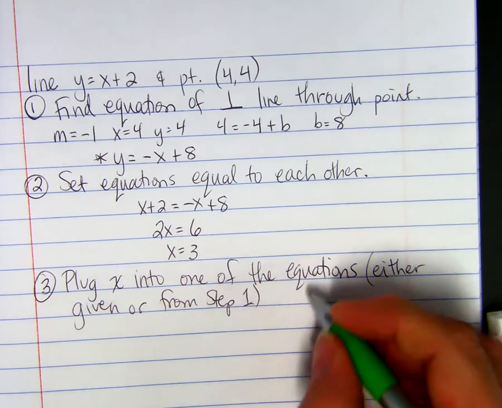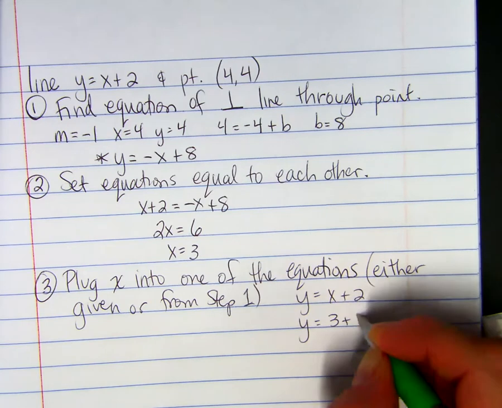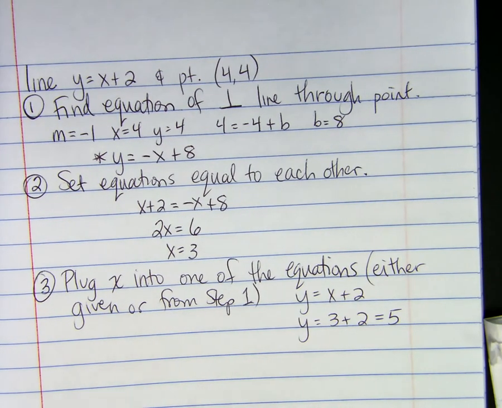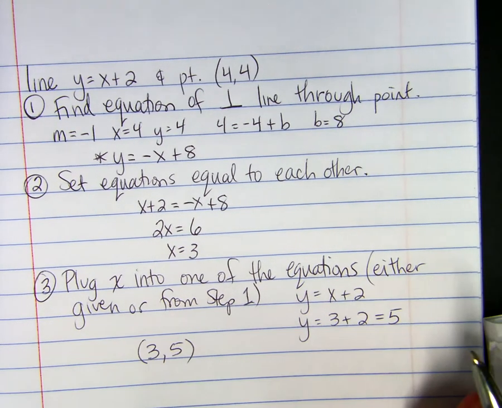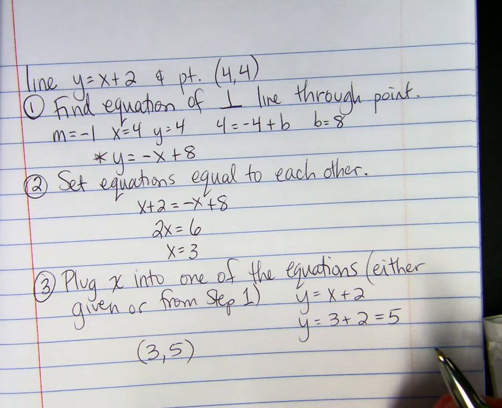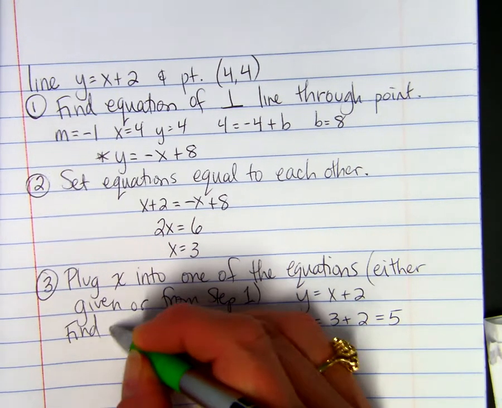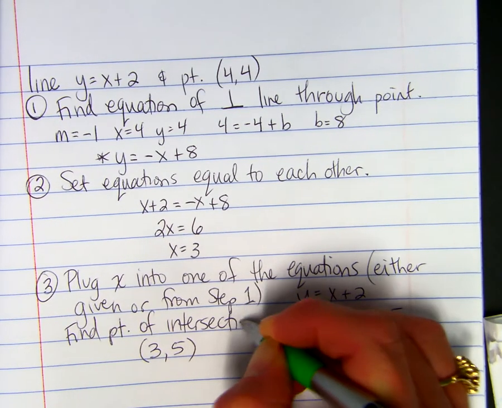So we have y equals x plus 2. So we plug in x, so y equals 5. So we find that point (3, 5), and then find the point of intersection.